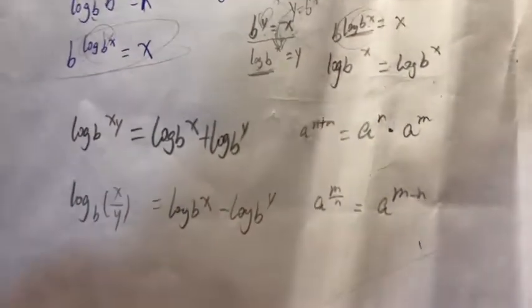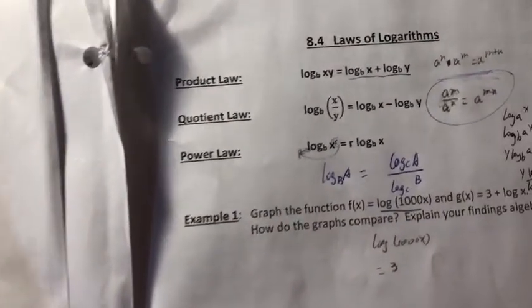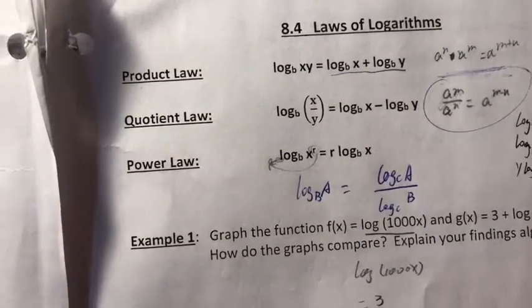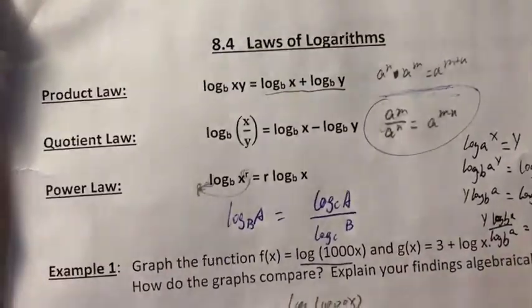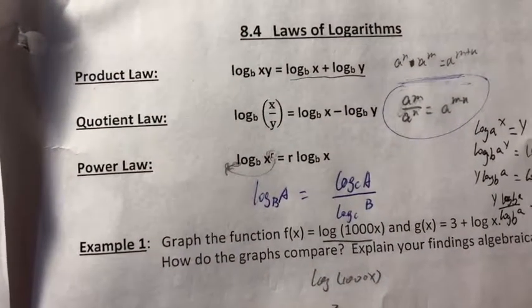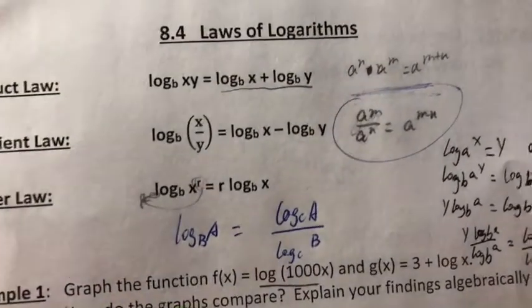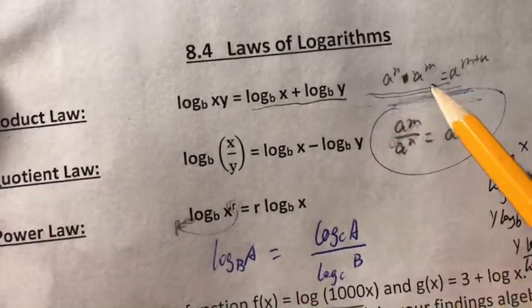And then we have number 2, which is called the product law. You don't have to memorize it this way, because if you know why it's like that, it will be much easier to remember. A very simple way is that a log is really just an exponential function.